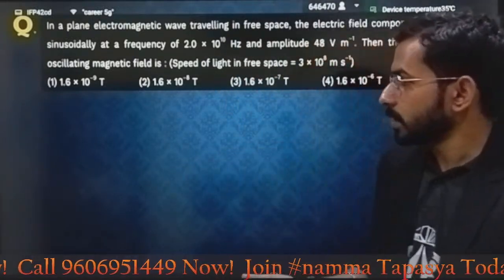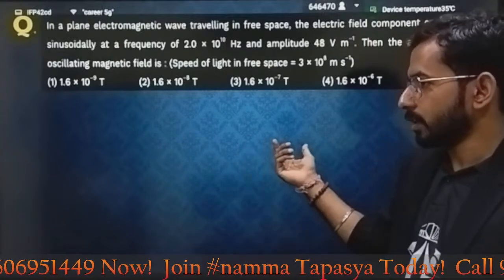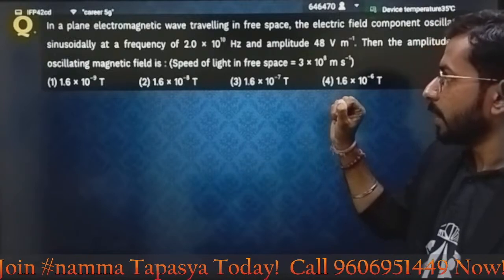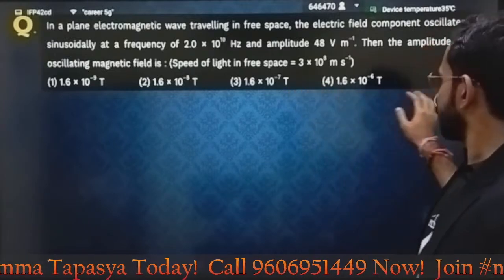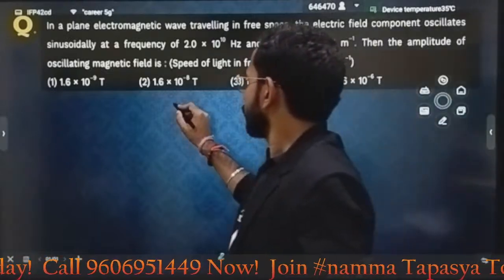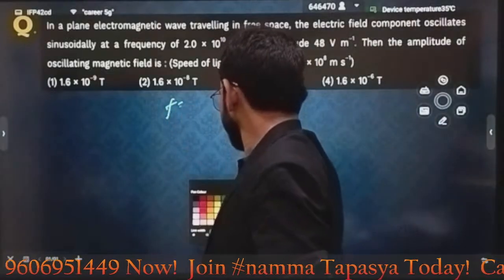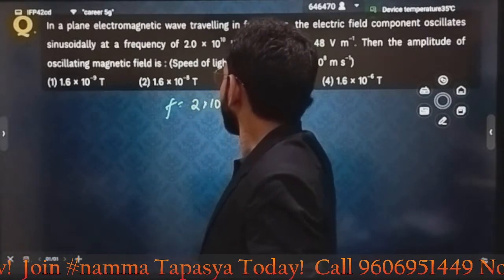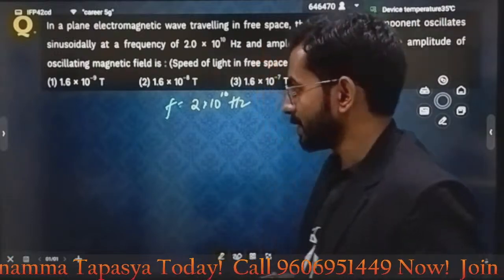So this is the question from electromagnetic wave. Read the question, what the question is saying. In a plane electromagnetic wave traveling in free space, the electric field component oscillates. Frequency is given as what? 2 into 10 power 10 hertz. This is the frequency given.